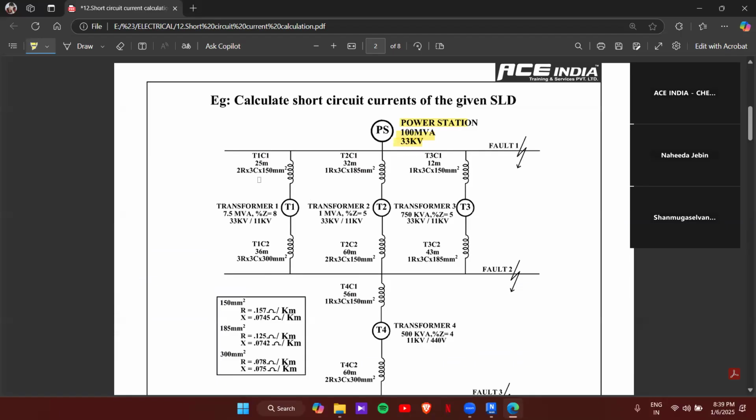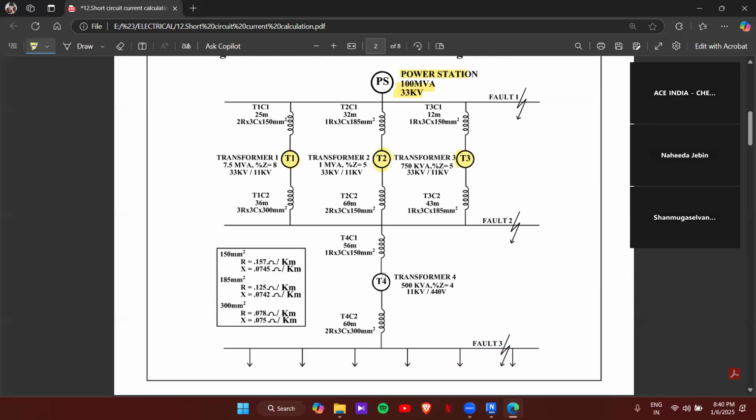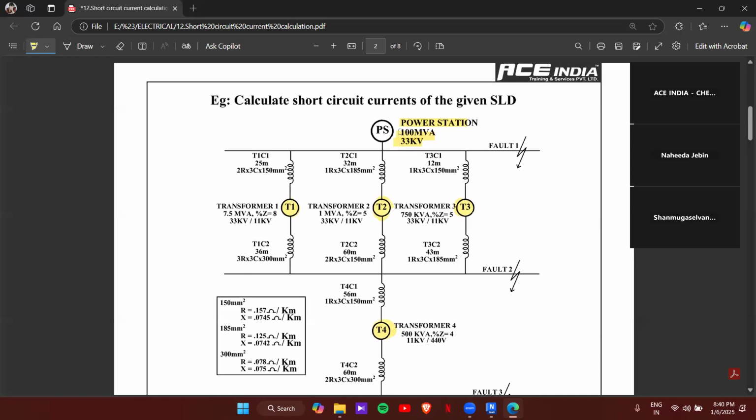Here you can see transformers 1, 2, and 3. Then transformer 4 is actually the secondary distribution, the step distribution transformer shown here. In this case, 100 MVA is given, so 10 is actually common in what? 100, right?